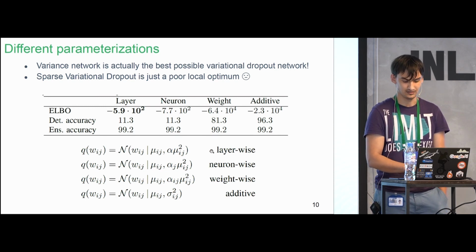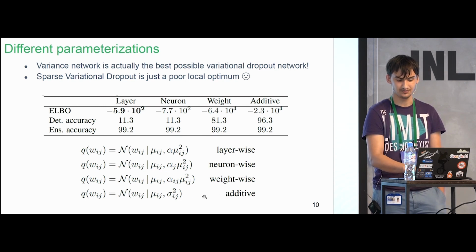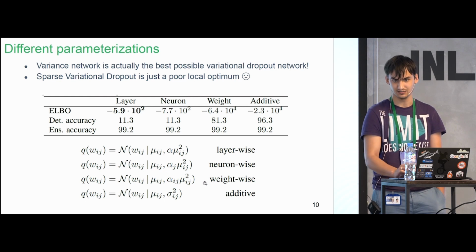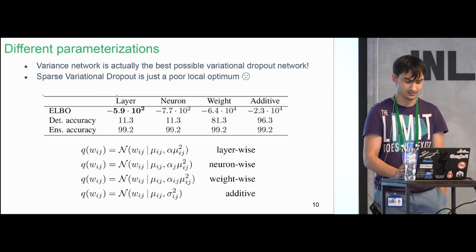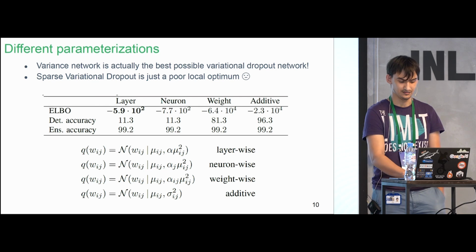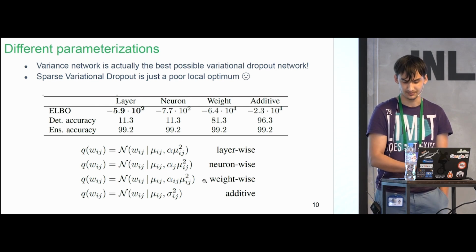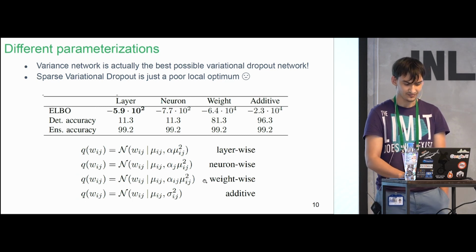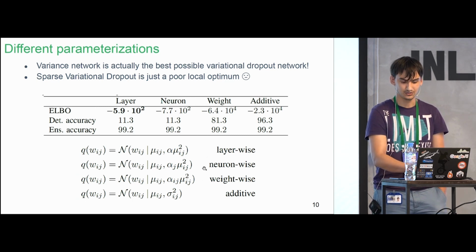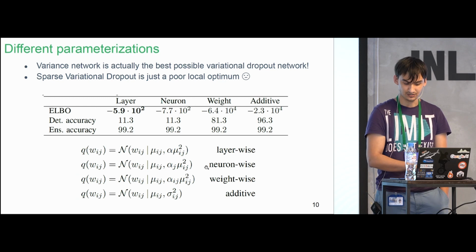Additive parameterization is equivalent to the weight-wise parameterization, but as you have seen in the first lecture, the gradient variance for the additive parameterization is much better than for the weight-wise. And layer-wise and neuron-wise parameterizations are special cases of weight-wise and additive parameterizations.